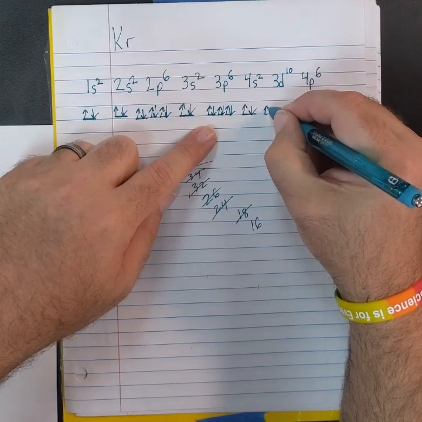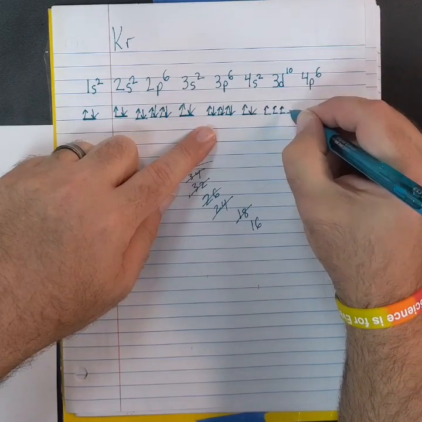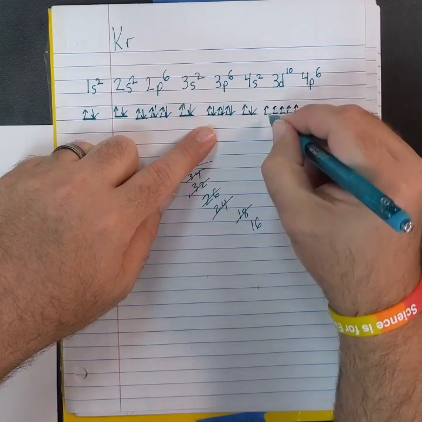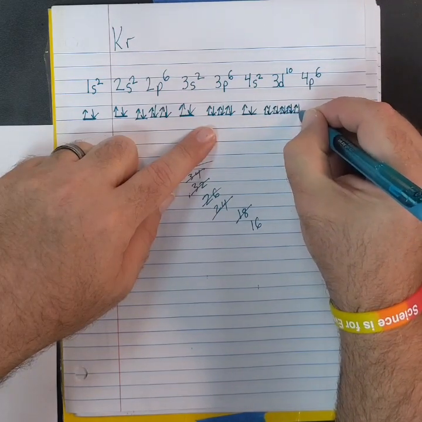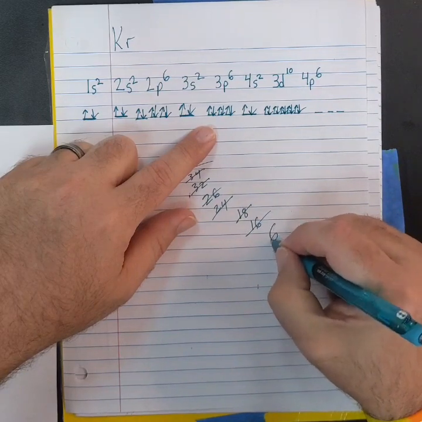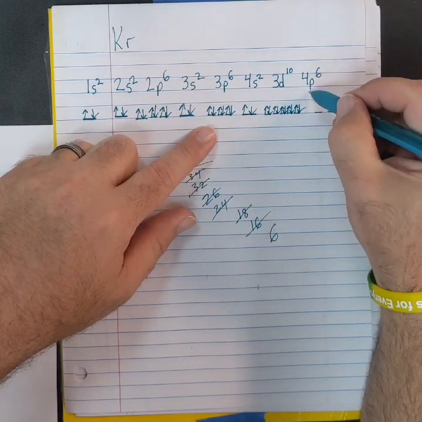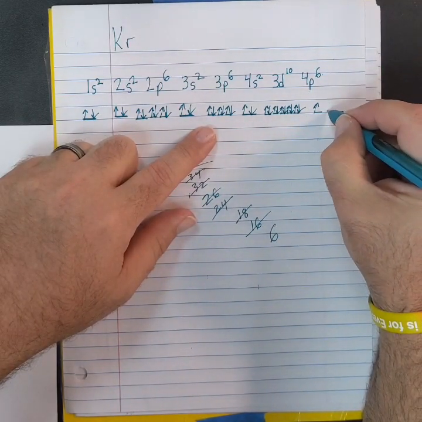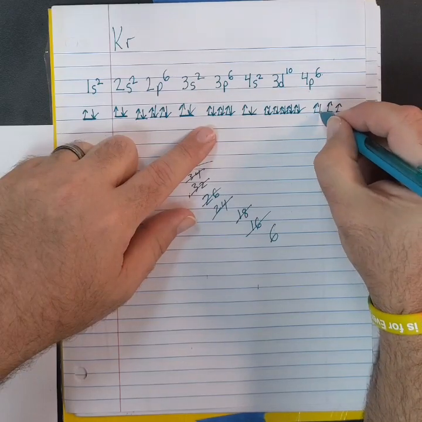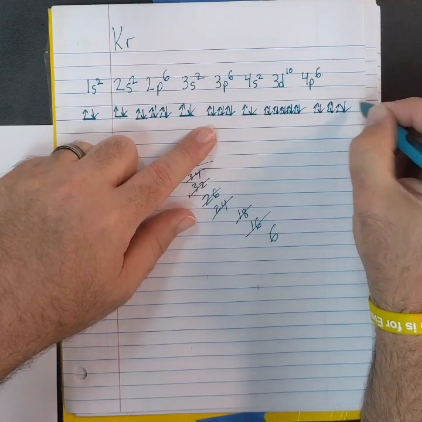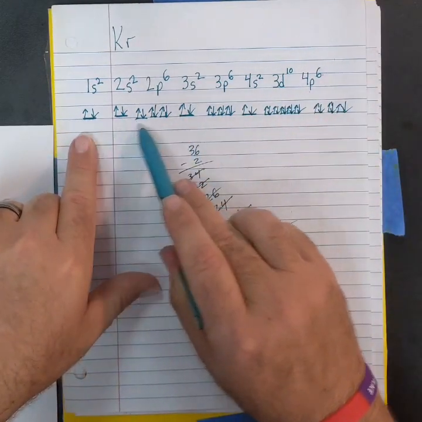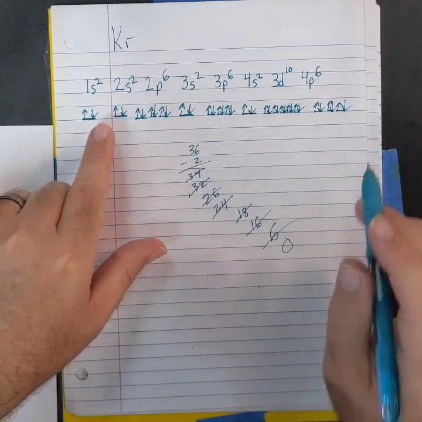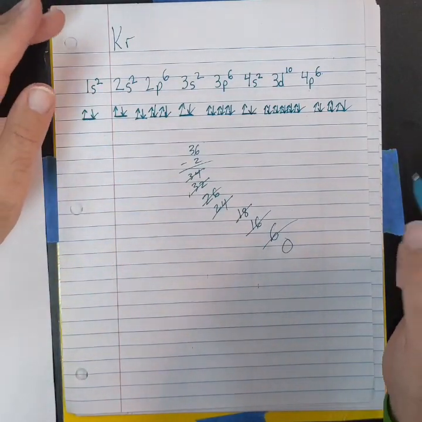All right, 1, 2, 3, 4, 5, 6, 7, 8, 9, 10. That leaves 6. And 4p6. 1, 2, 3, 4, 5, 6. All right, so we've used all of our electrons, and that is the electron configuration of krypton.